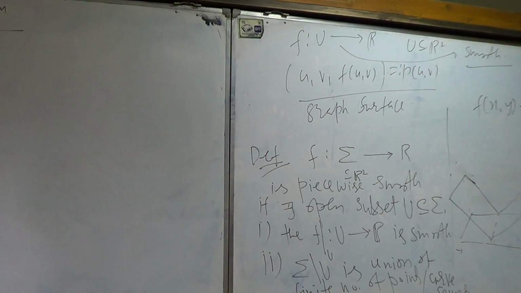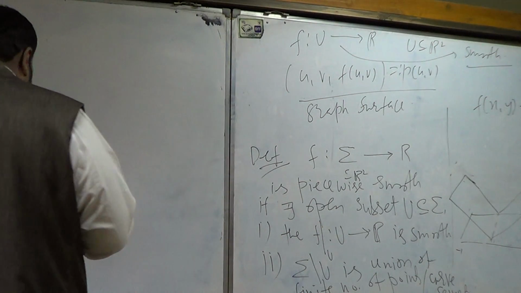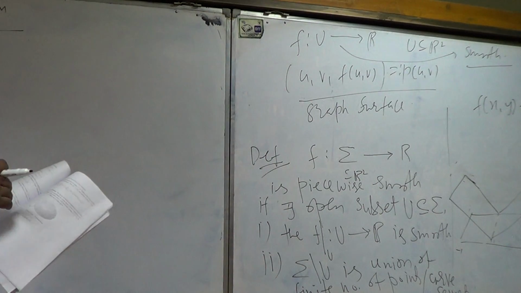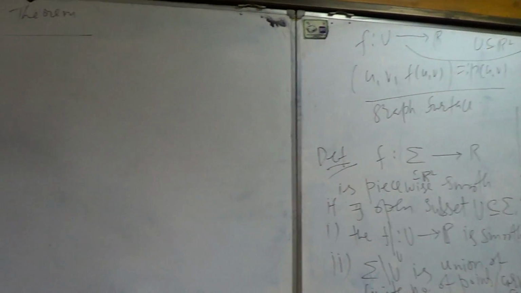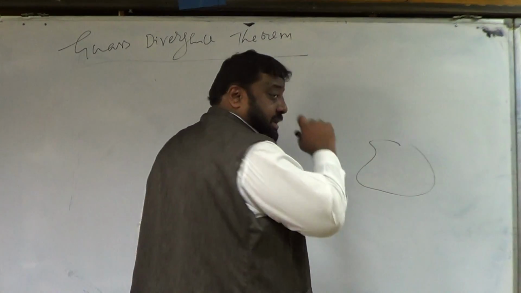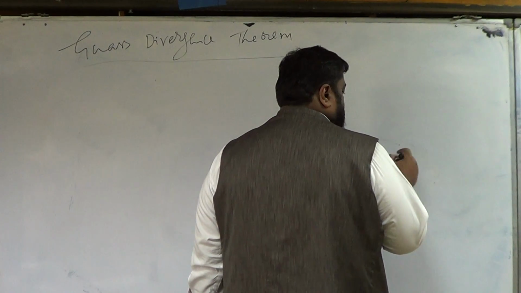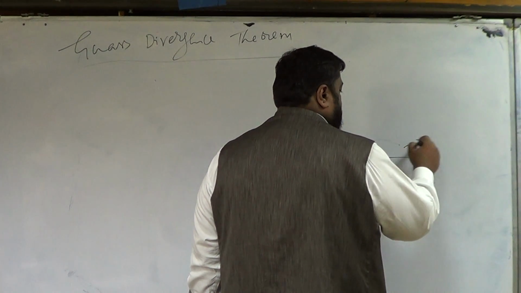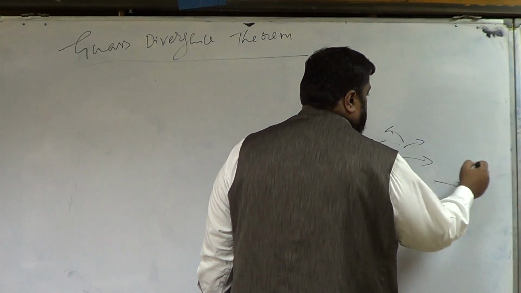Okay. All right. So what's Gauss divergence theorem? It's really analogous to what you have in 2 dimension. What was the Gauss divergence theorem in 2 dimension? You said that in R2 you have a vector field. Okay, so you have vectors everywhere on entire R2.